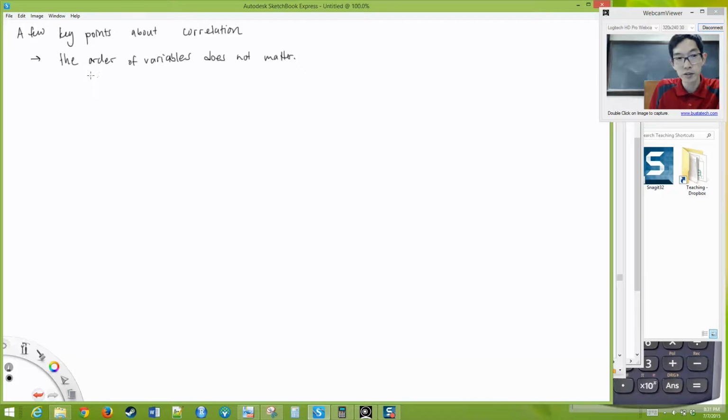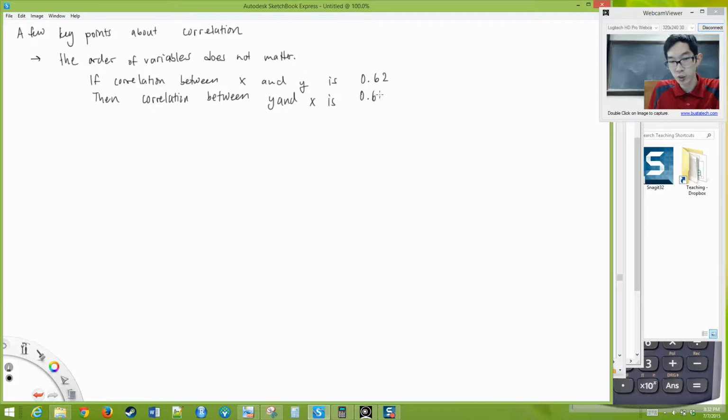So if the correlation between x and y is 0.62, then the correlation between y and x is 0.62. You just need two numeric variables, and if one is x and one is y, and the correlation is this, and you flip them around, the correlation is still going to be the same.